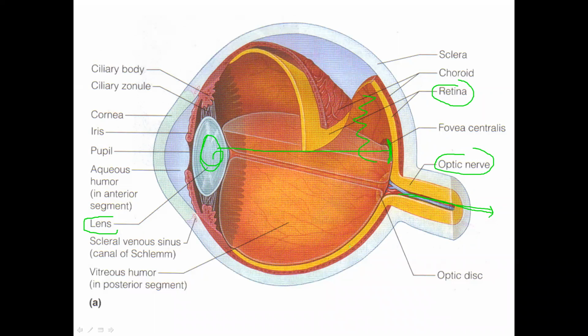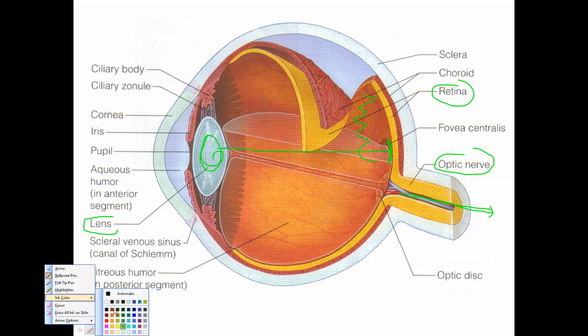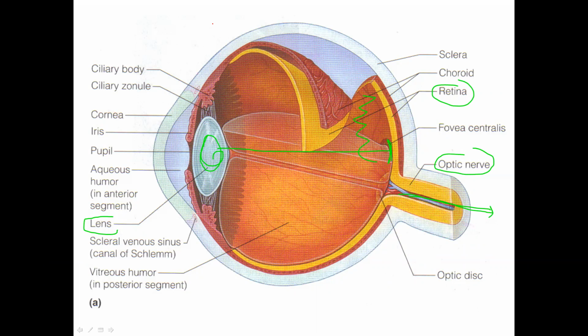The eye is filled with fluid. If you were to take the eye and draw a line by the lens, all the fluid in the front is called the aqueous humor. Humor is a fancy word for fluid.